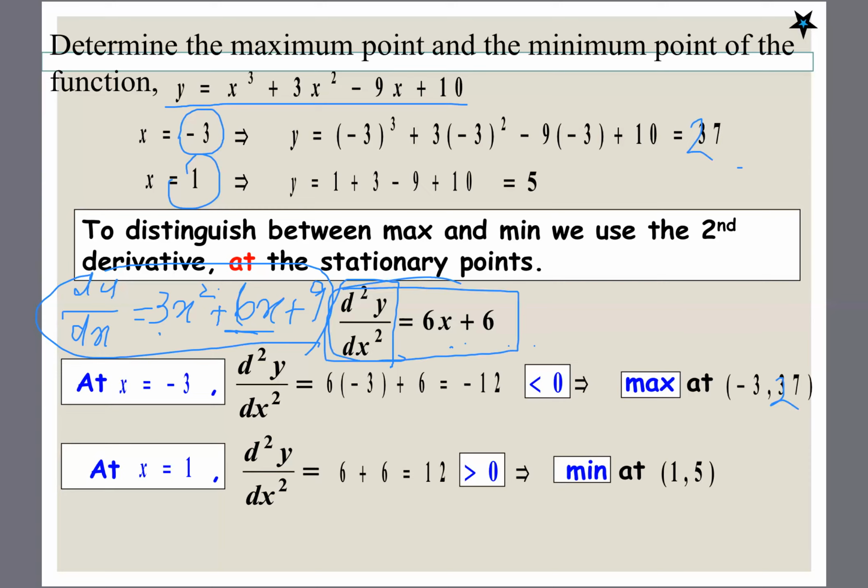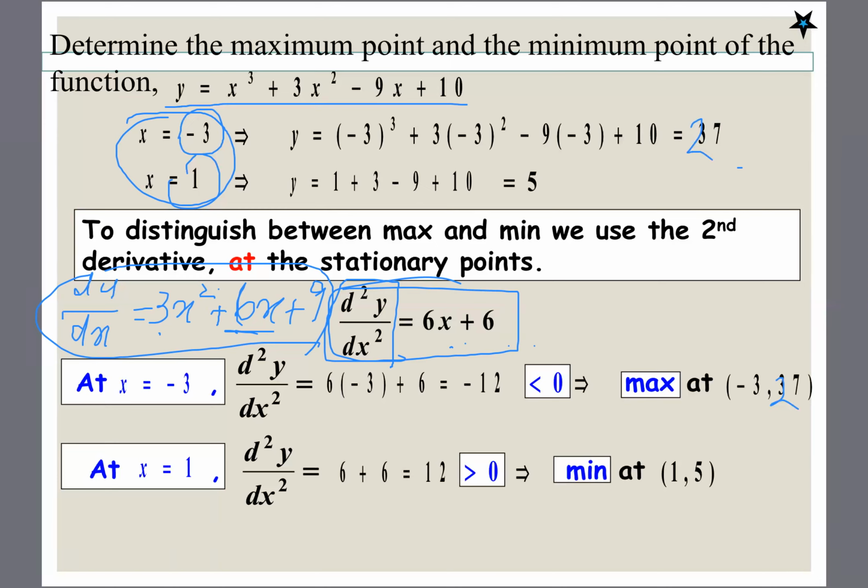Now we want to check whether the x values we already obtained give a maximum or minimum, whether d2y by dx2 is plus or minus.